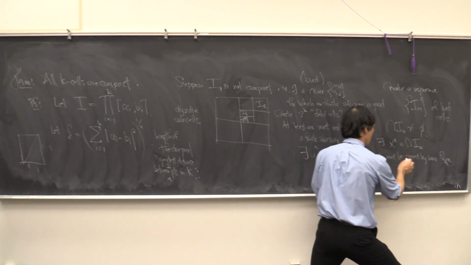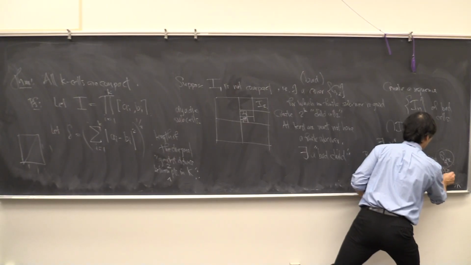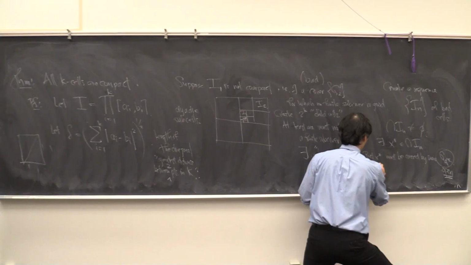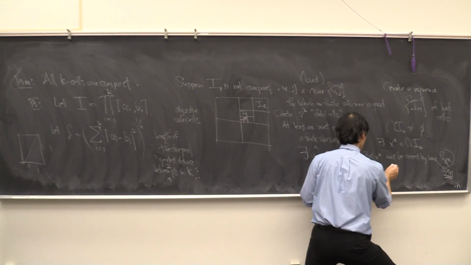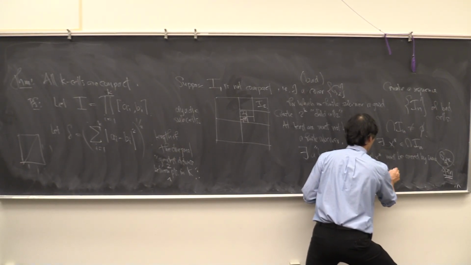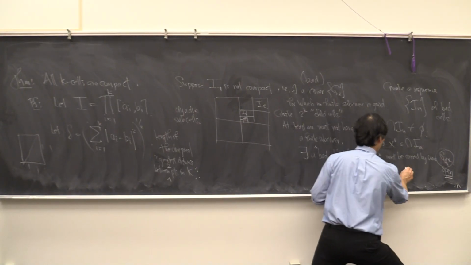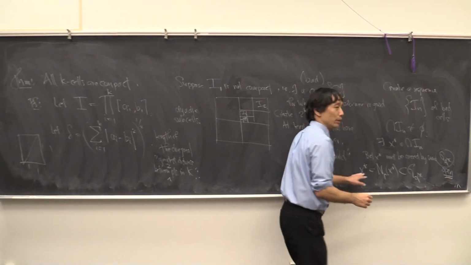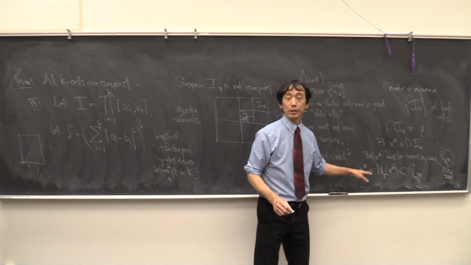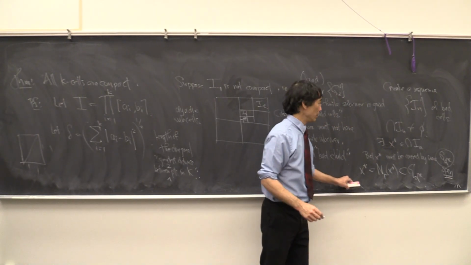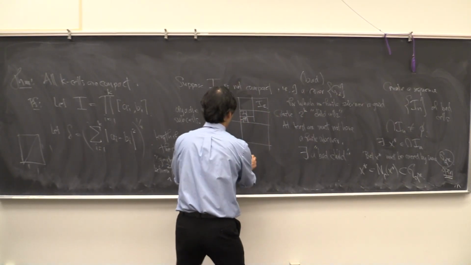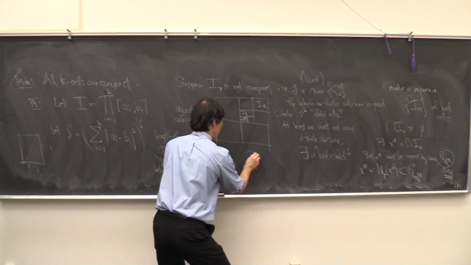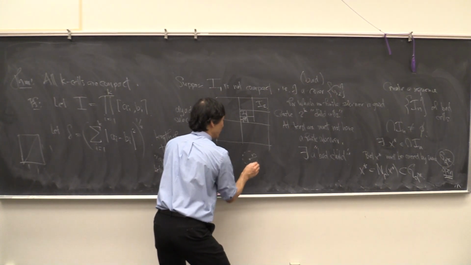G alpha is open, and so we know that x star lies inside some neighborhood that lies inside of that G alpha. X star is interior to G alpha. So here's x star here, and we know that there's some open interval around it.